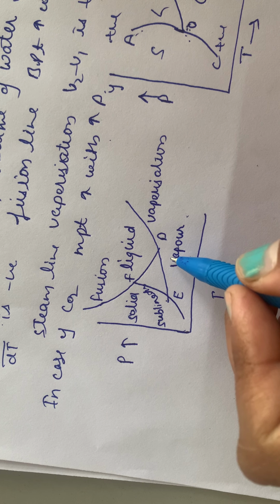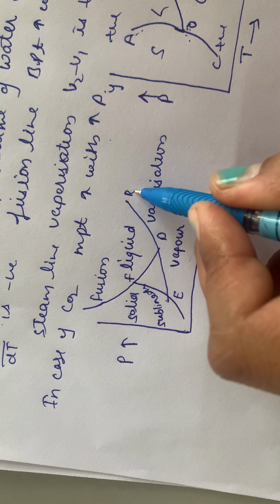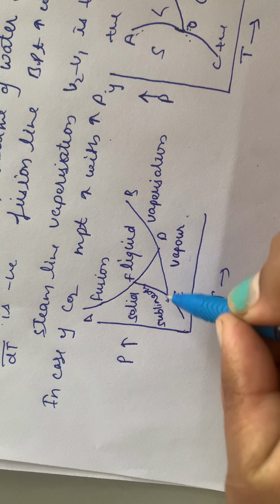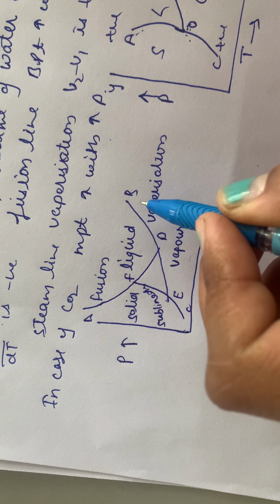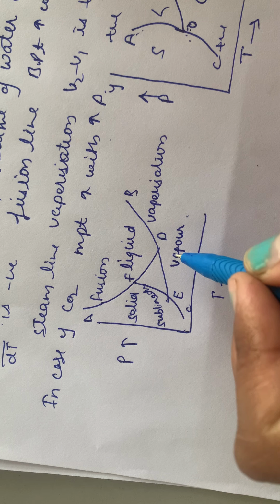This point lies above the vaporization line EB. At this point, the substance can exist in liquid state only.